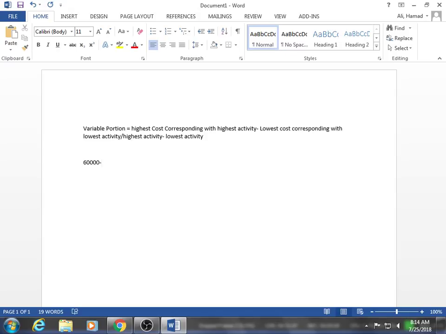December, and the corresponding cost is 36,000. The whole thing divided by the highest activity, 6,000, minus the lowest activity, 3,000.